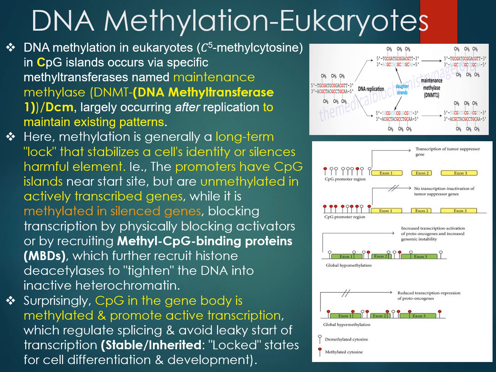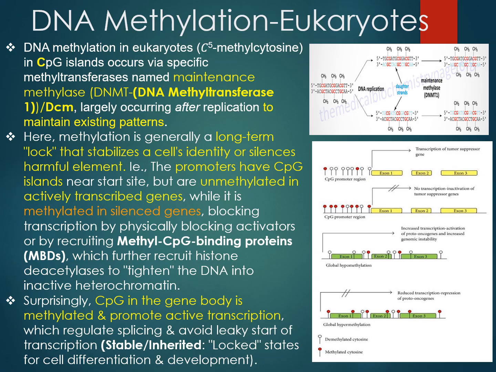In eukaryotes also we have DNA methylation. It happens in the CpG islands. This is also there throughout the gene. It can be there in the promoter region. And it is methylated by another enzyme called DNA methyltransferase 1 or DNMT1.